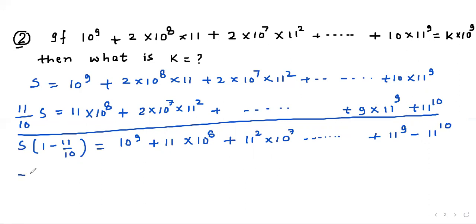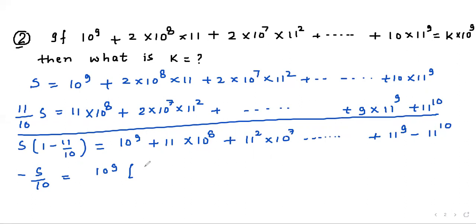Now we write it: minus S upon 10 equals 10 power 9 common. So here r will be 11 by 10.